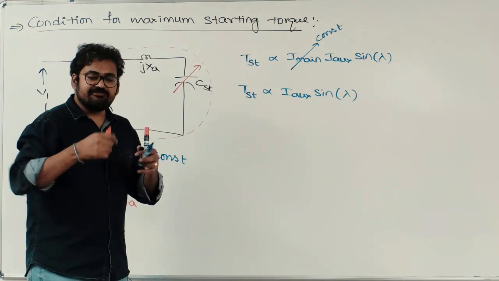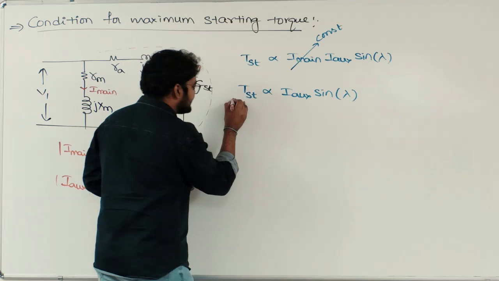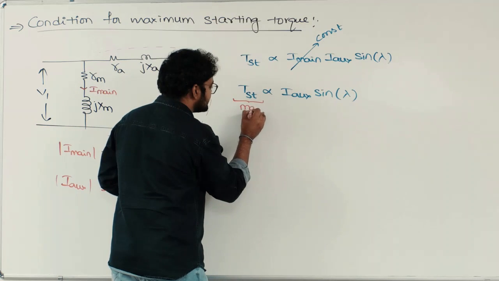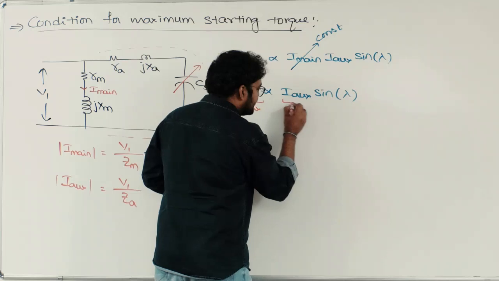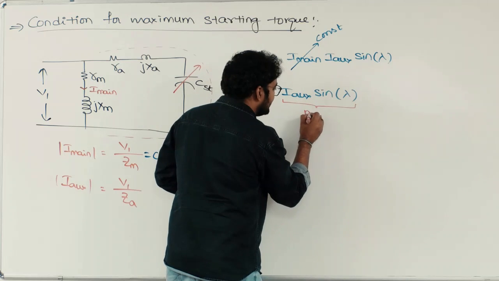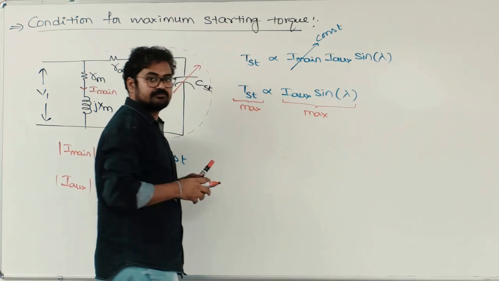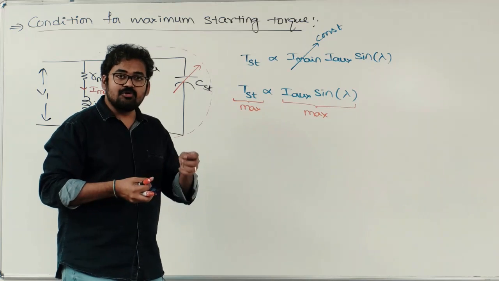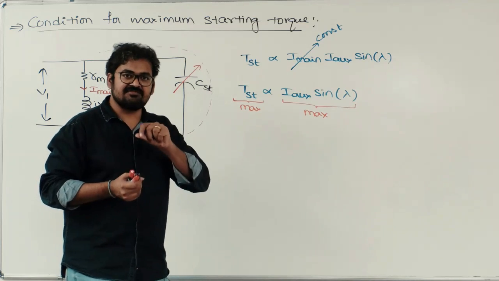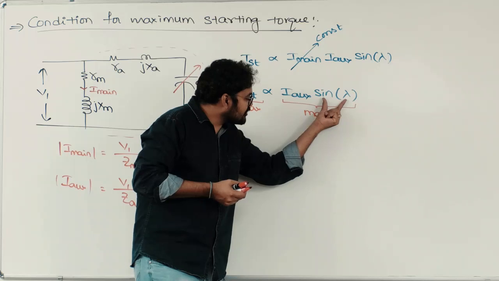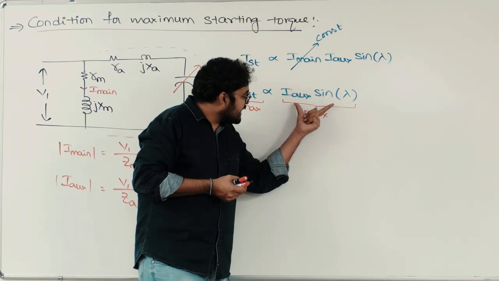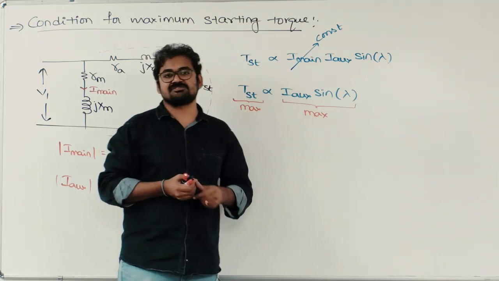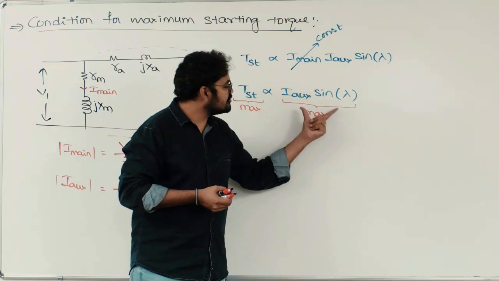That means, if we wanted to create maximum torque at the time of starting, indirectly this I auxiliary sine lambda must be maximum. You have to design the capacitor in such a way that not only sine product maximum, entire this I auxiliary sine lambda product should be maximum.